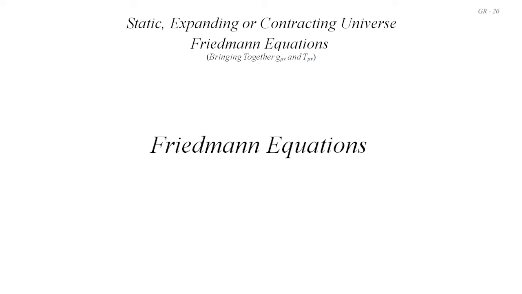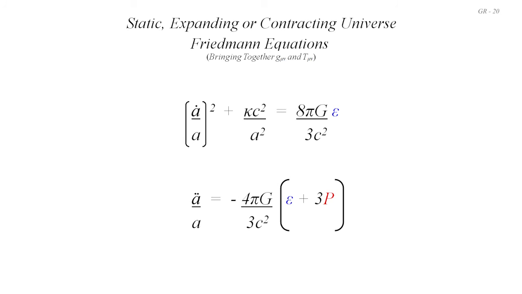Perhaps the most useful pair of equations for us here are these, where epsilon, the mass-energy density of the universe, and P, the pressure of the universe, are shown in different colours in order to make them stand out.